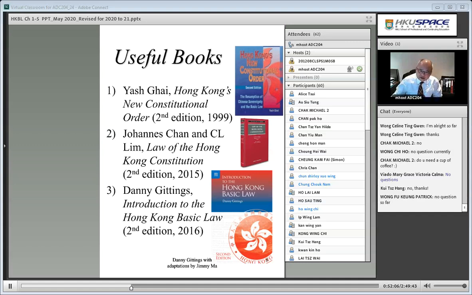The books I have introduced: there's one here. This is the Law of the Hong Kong Constitution.